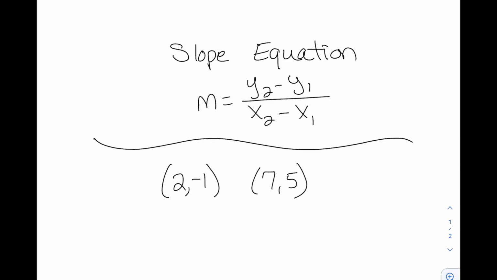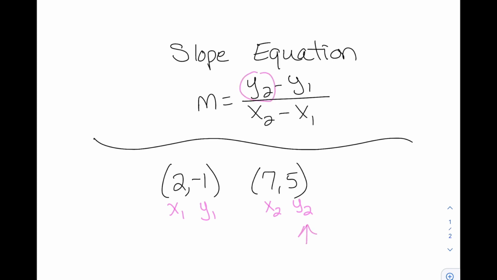And so we can use this equation to find the slope of a line. This will be our first x and y, so we will call that x1, y1, and then we will have our second point, x2, y2. So when you're looking at the equation, that's what it's talking about.